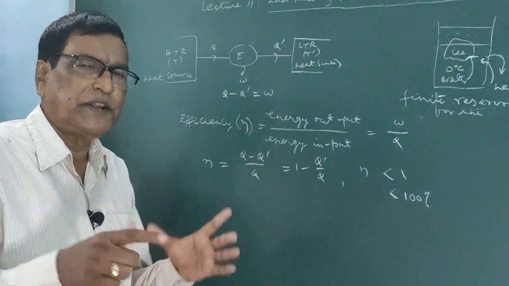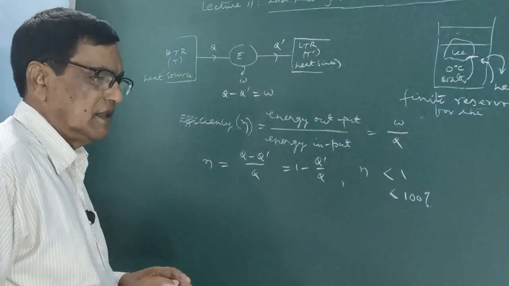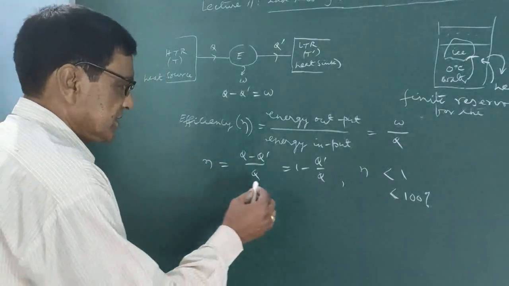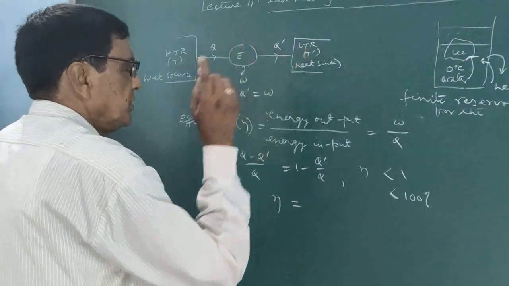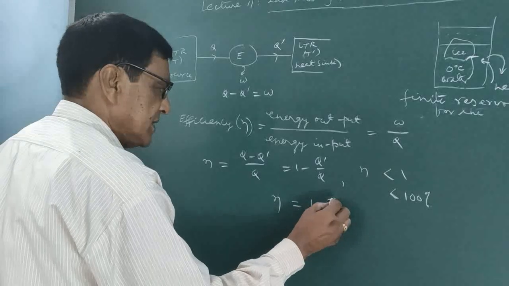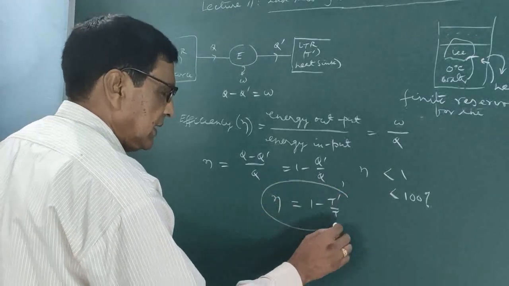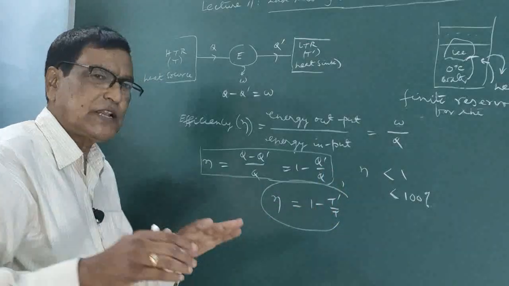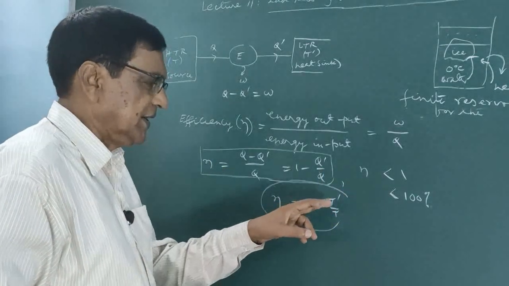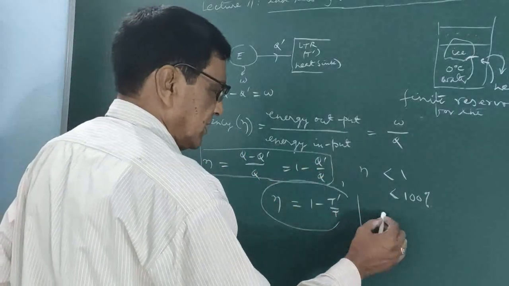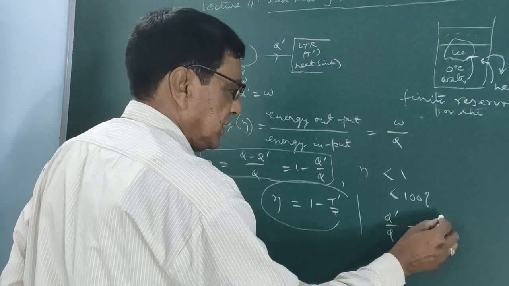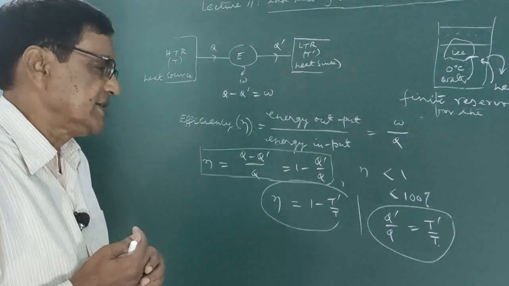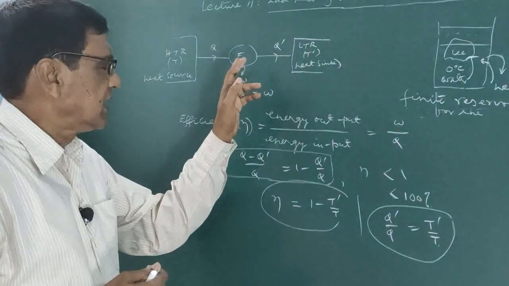Next day, in my next class, I shall consider the Carnot engine, an idealized engine which relates this efficiency with this temperature of the source and sink, 1 minus T dash divided by T. For every engine this efficiency is valid, but only for the Carnot engine this efficiency in terms of temperature will occur, and if we compare this one, then Q dash divided by Q equal to T dash by T. In my next class, I shall discuss the efficiency of this Carnot engine.